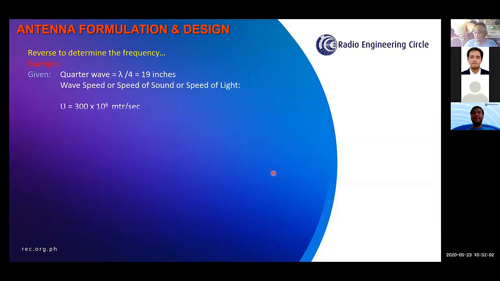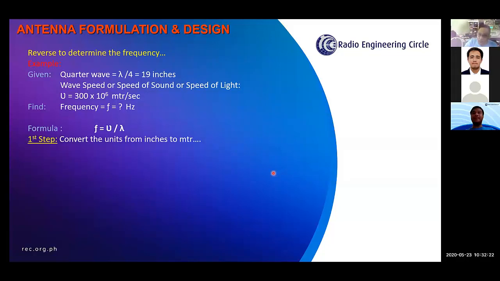Ang hinahanap is the frequency. So, formula, ganun pa rin, kaya lang nabago: frequency is equivalent to speed of light over wavelength. Step 1, convert the units inches to meter.